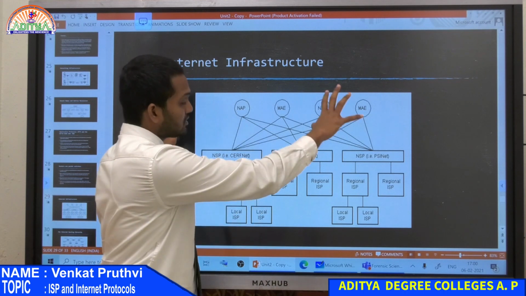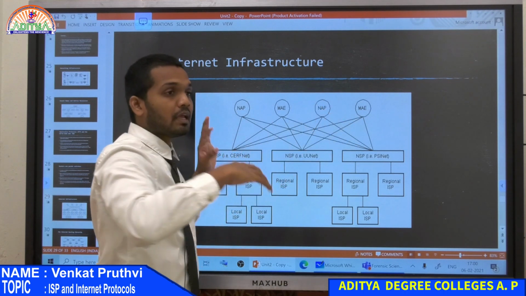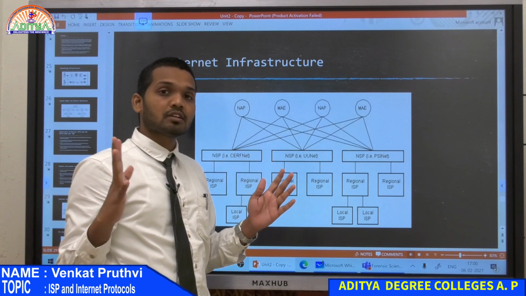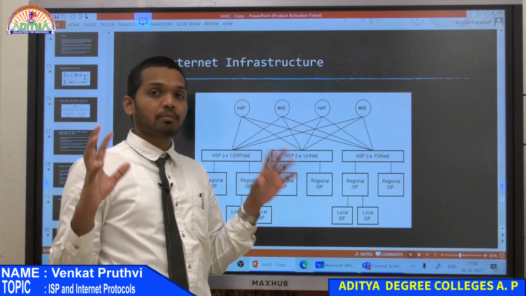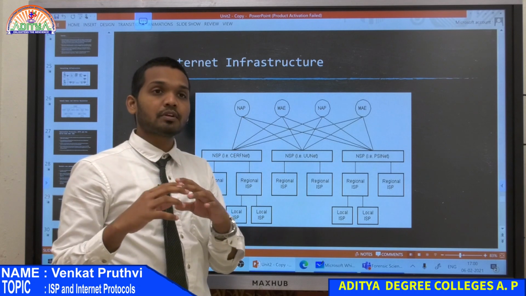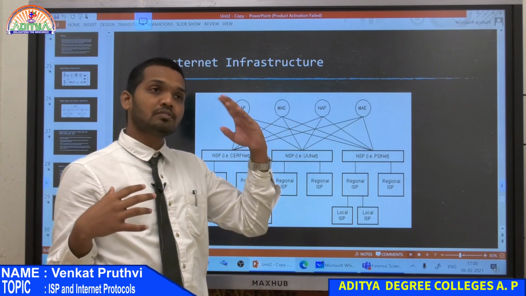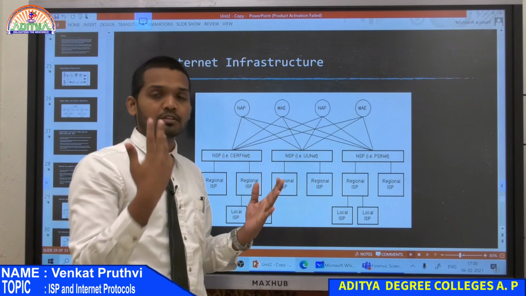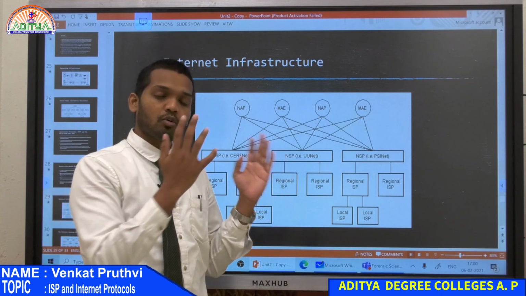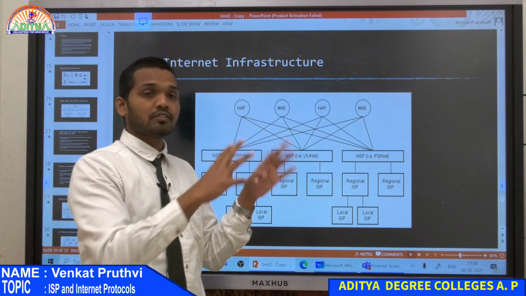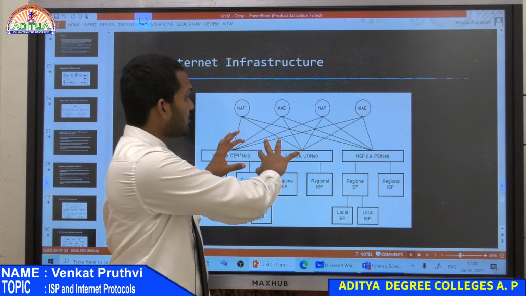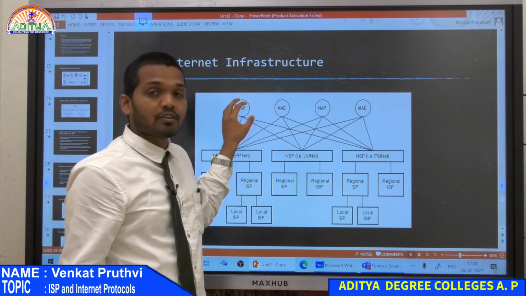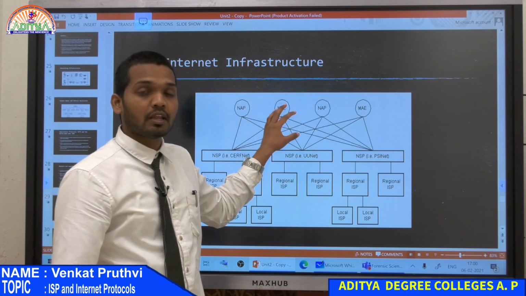So initially there are some big companies laying the cables and maintaining the infrastructure to connect all the computers in this world. Those are not only individual computers, but big servers holding all the data related to Google, Facebook. Each of them maintains their own servers, and these servers are connected all over the world with the help of these network service providers, through the network access points and metropolitan area exchanges.